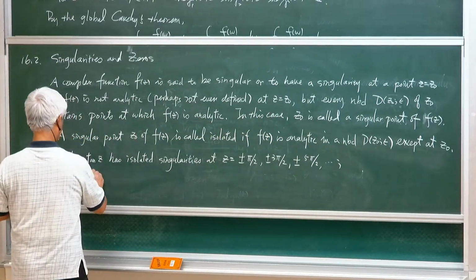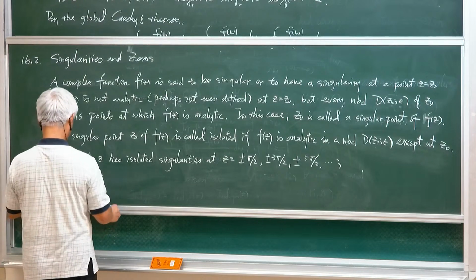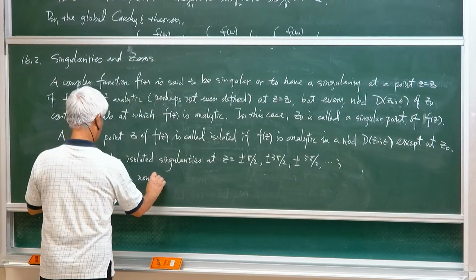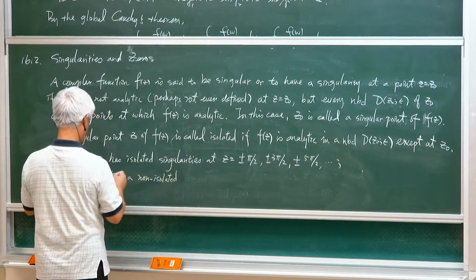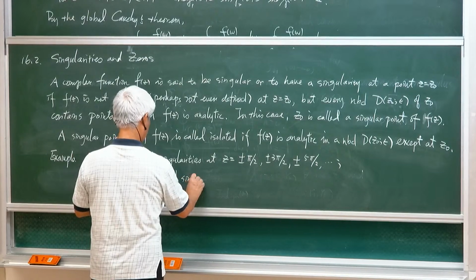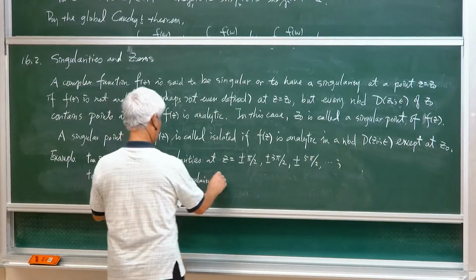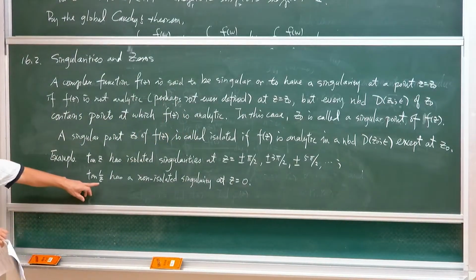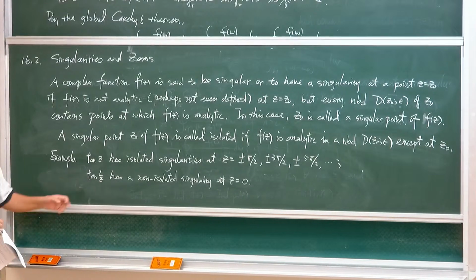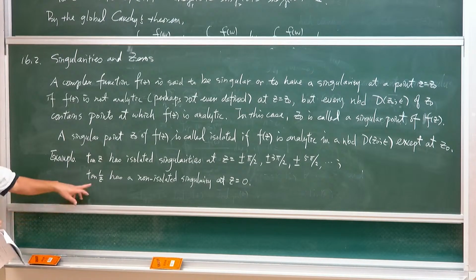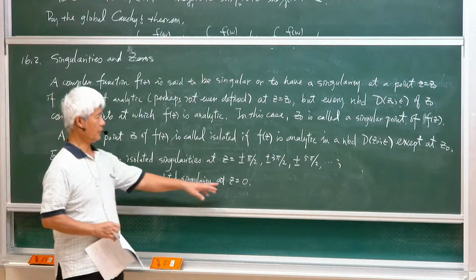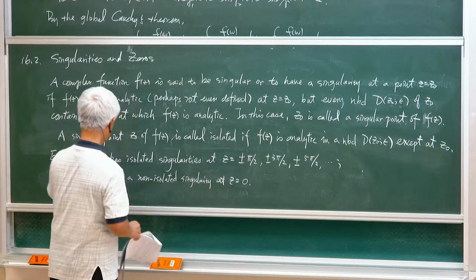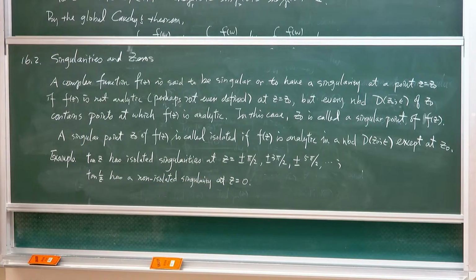And tangent of 1 over z has a non-isolated singularity at z equal to 0. Of course it has a singularity at z equal to 0 because 0 cannot be a denominator. But for any neighborhood of 0, you can find a point such that this is analytic.